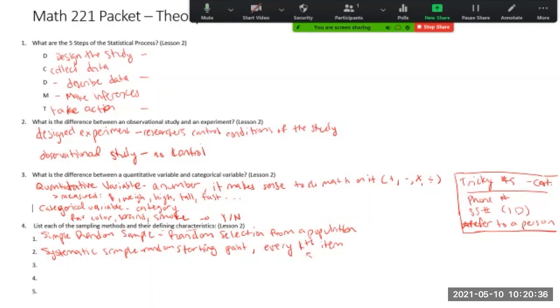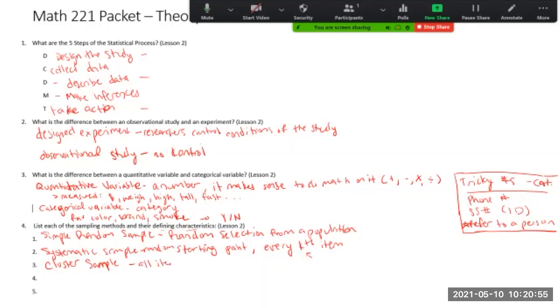The third example of a sampling method is going to be a cluster sample. That is where you take all items in one or more random clusters or blocks.